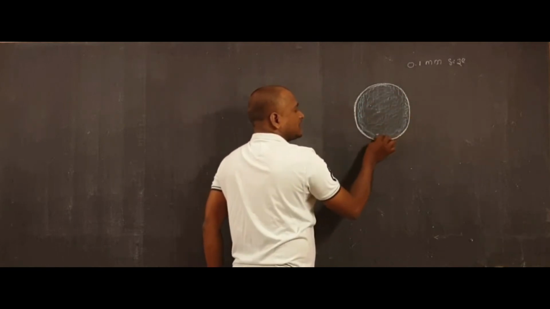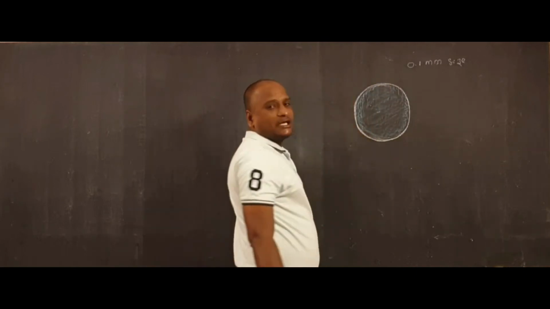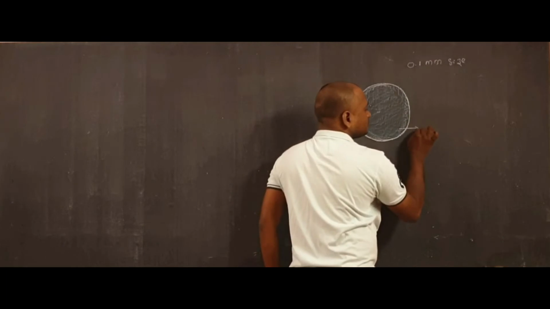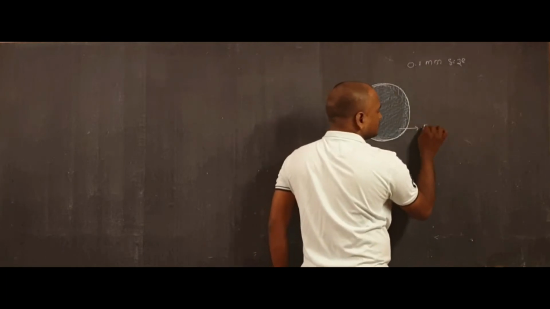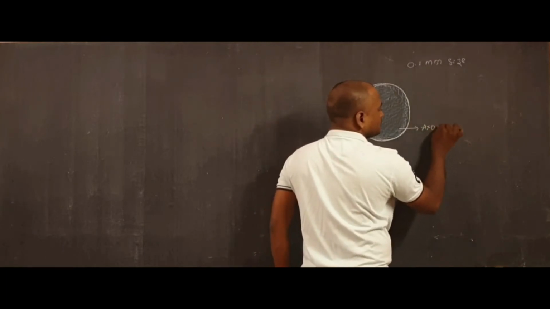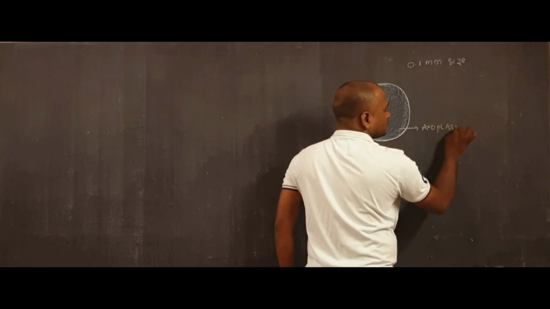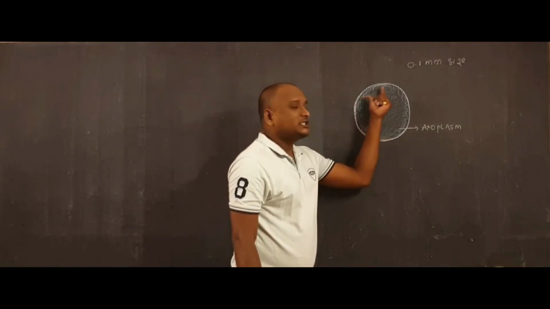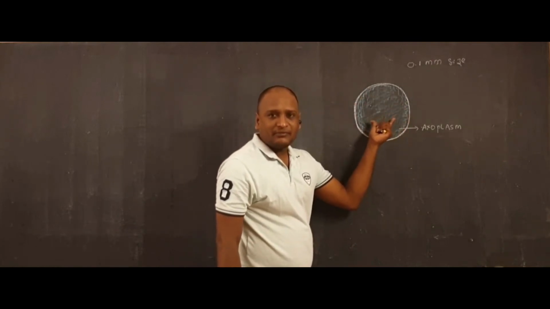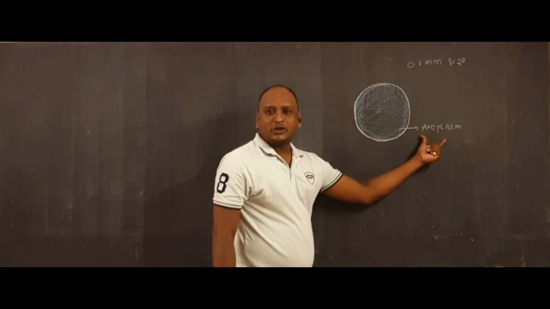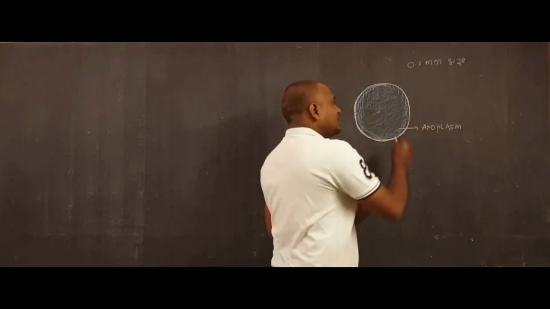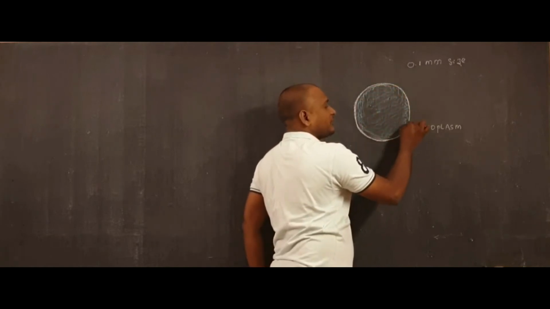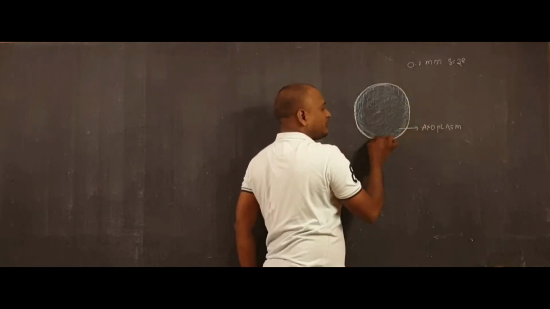You can see the cytoplasm on the inner side, which is also called exoplasm. So the cytoplasm present in the female egg cell is also called exoplasm. Generally, this exoplasm is surrounded by one membrane. All the cytoplasm is surrounded by one membrane.